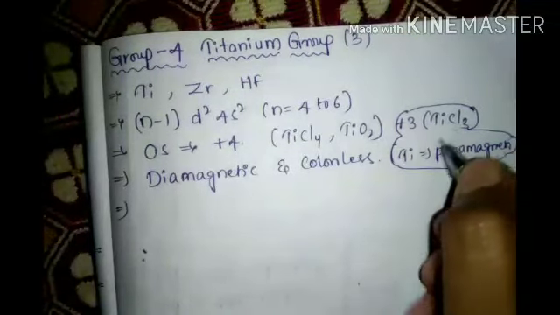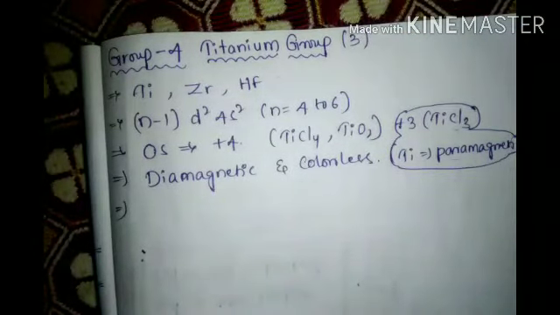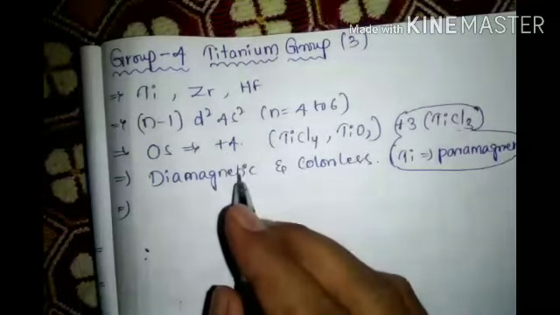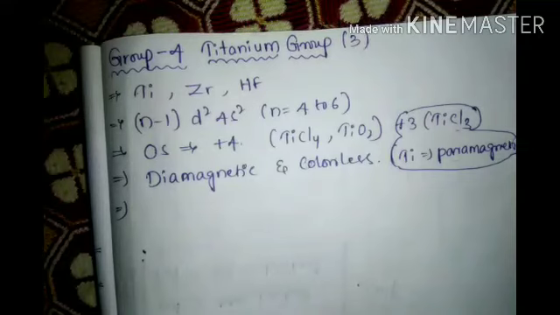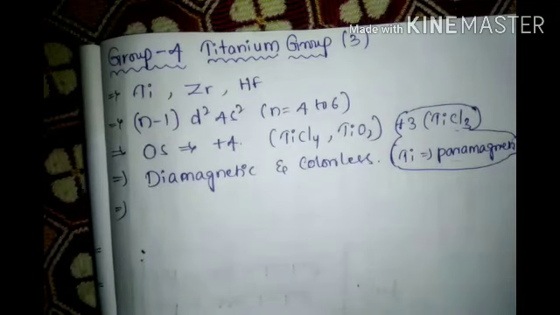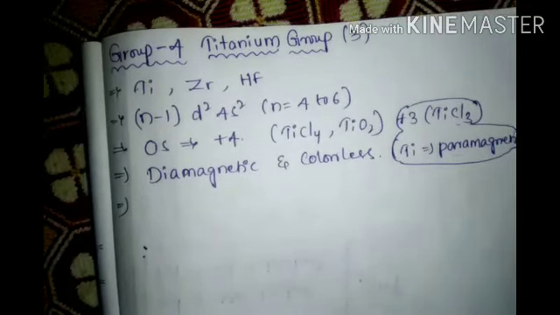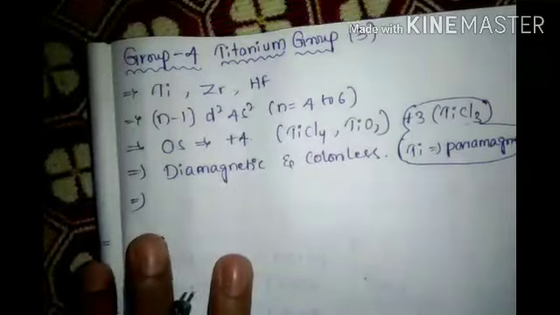At +3 oxidation state, titanium is paramagnetic. At +4 oxidation state, it is diamagnetic. Okay, important.